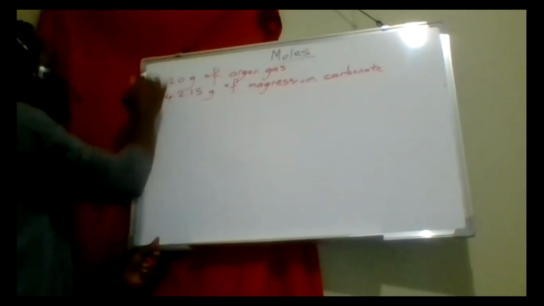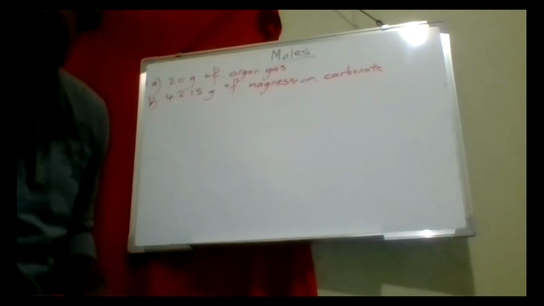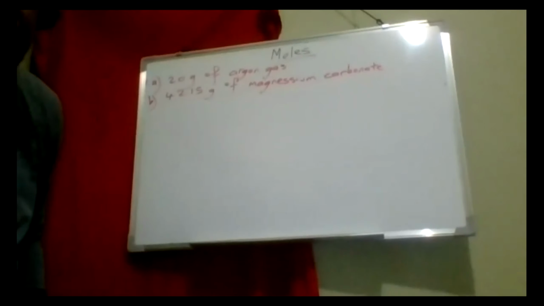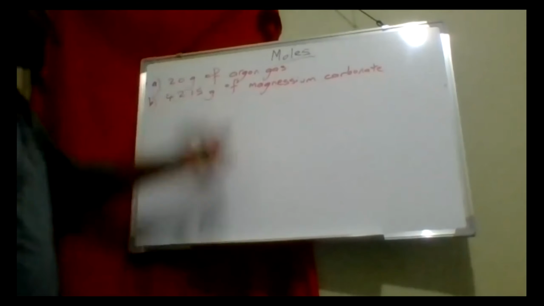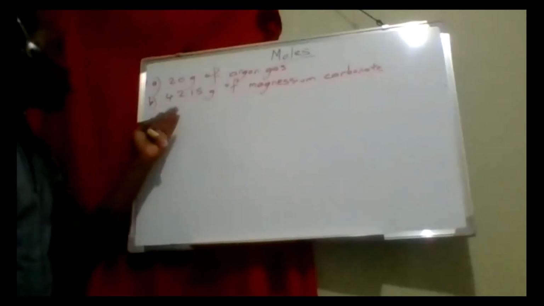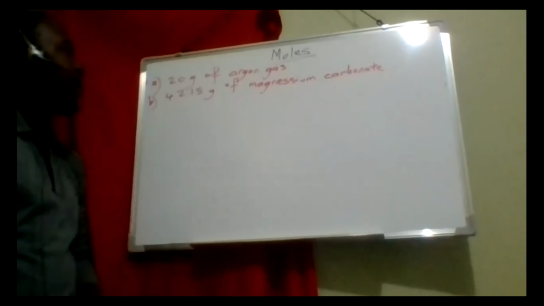So that's question 1. How would we go about doing this? We need to find the amount of moles in 20 grams of argon gas and 42.15 grams of magnesium carbonate.